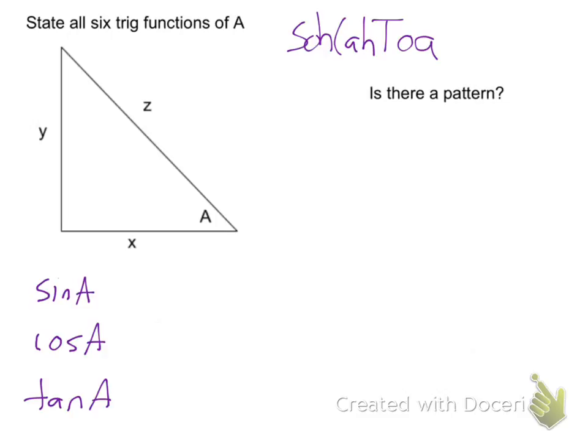So none of us should be having an issue, once we write that down, with what the ratios are. Sine is opposite over hypotenuse, which according to our XYZ sides is what? Y over Z. It is y over z.